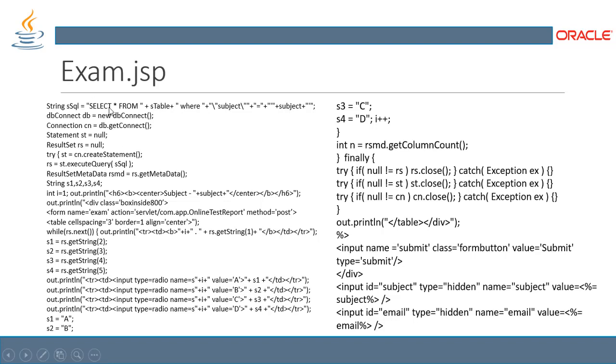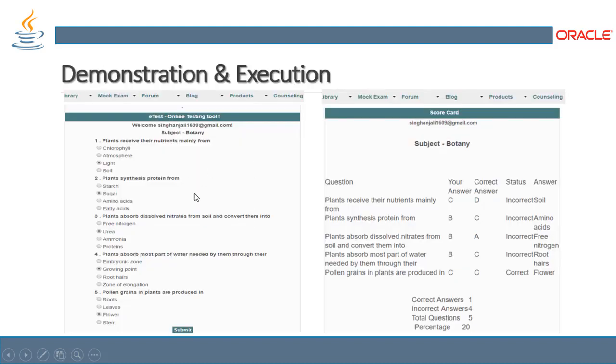Then the database will display all the questions from that particular subject, that particular topic, and the user will choose the right answer from the multiple choice questions, and that will go to the online test report servlet with the post method. Once it is submitted, with the help of the hidden values, these values will be passed to the online test report servlet. So this will be the demonstration.